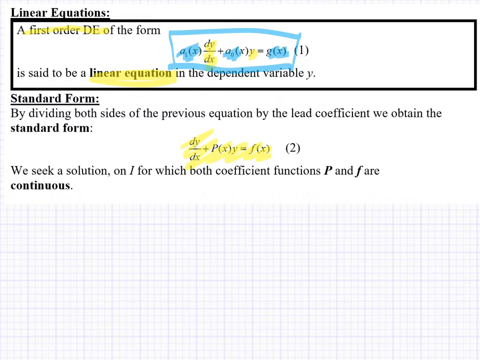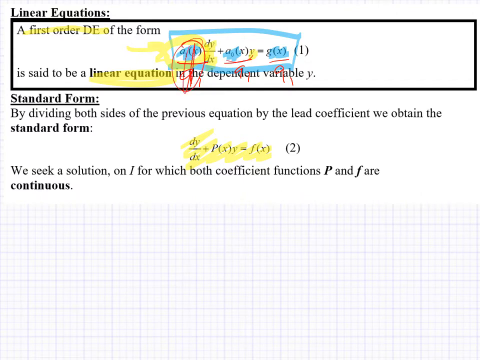And standard form essentially is to get the leading coefficient here to be a 1. What I would have to do is divide this equation by a1 all the way through. If I divide the whole thing by a1, this becomes 1, because a1 divided by a1.